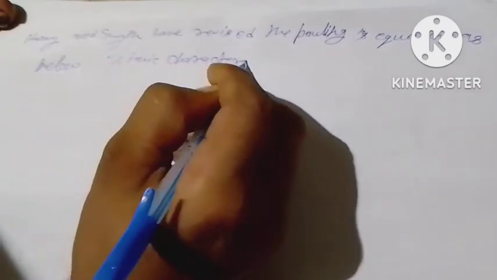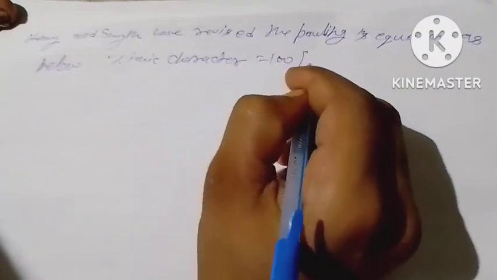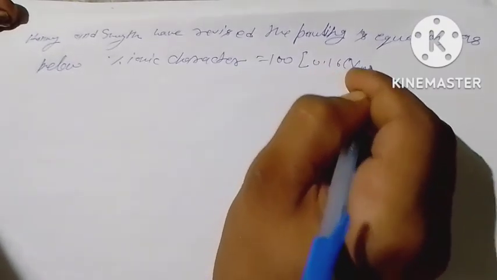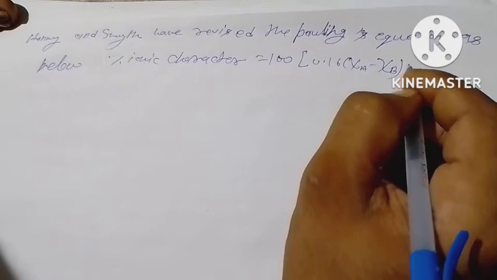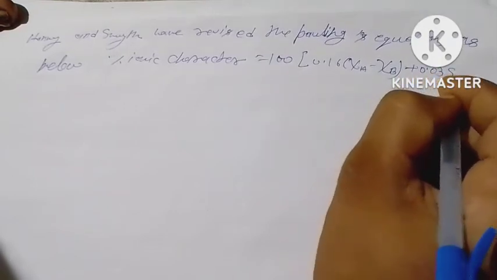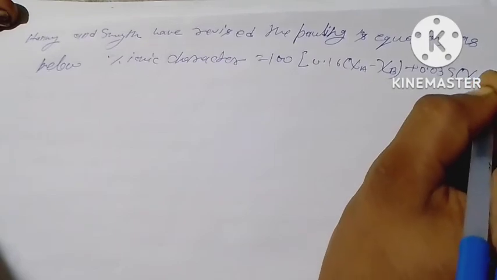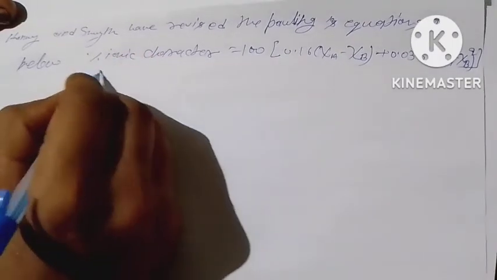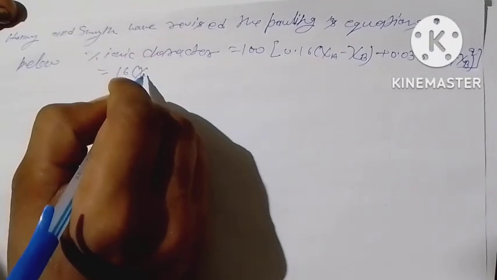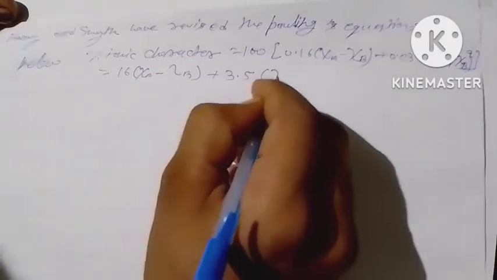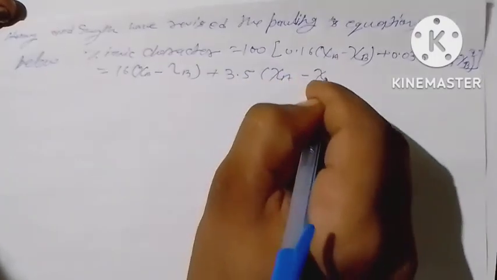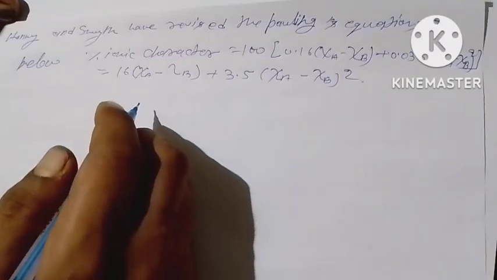Percentage ionic character is 100 times [0.16 (chi A minus chi B) plus 0.035 (chi A minus chi B) whole squared], equal to 16 (chi A minus chi B) plus 3.5 (chi A minus chi B) whole squared.